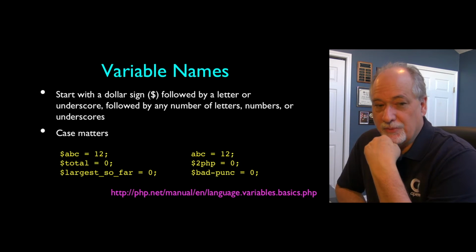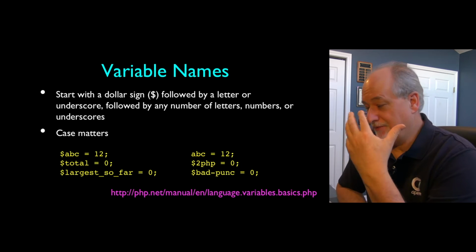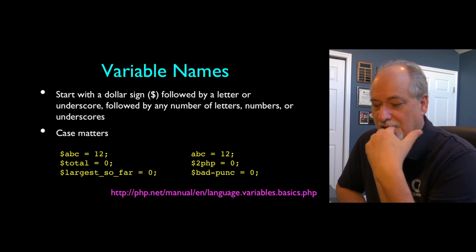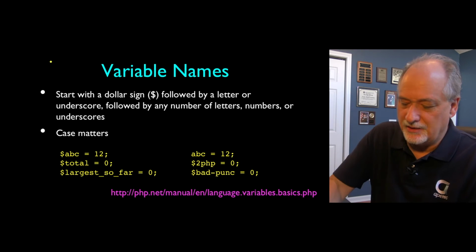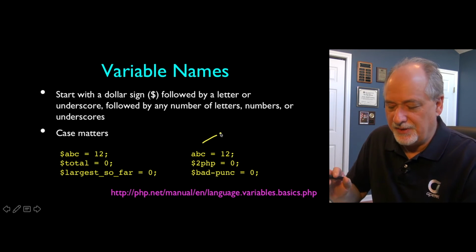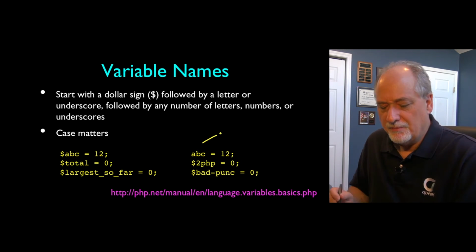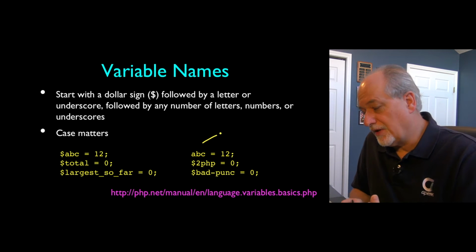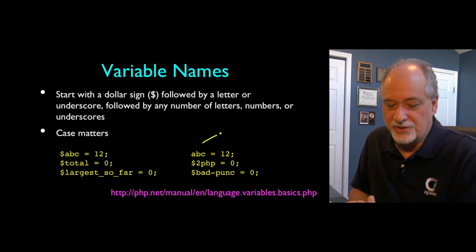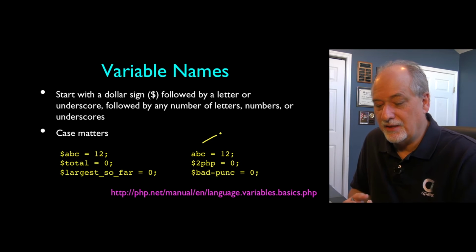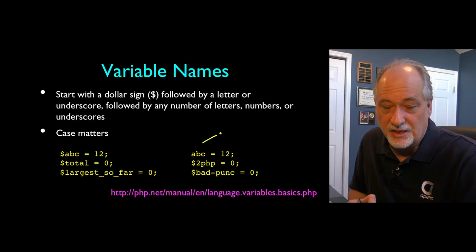The lack of a $ sign can be a weird thing because in different places, a string that looks like this in PHP sometimes can be misinterpreted. But variable names all have to start with $ signs followed by underscores and letters and numbers, just like any other language. Just understand that they've got to have $ signs.